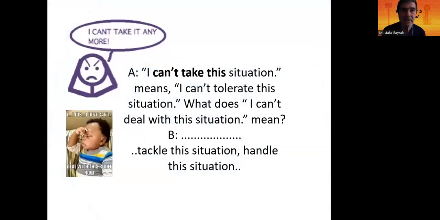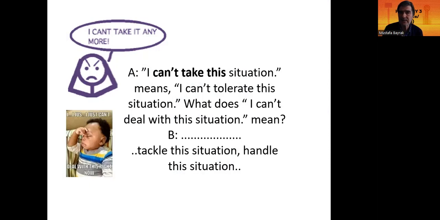Okay, I can't take it anymore, one image says. The other image says, I just can't deal with this right now. I can't take this situation means I can't tolerate this situation. I find it unacceptable. What does I can't deal with this situation mean?